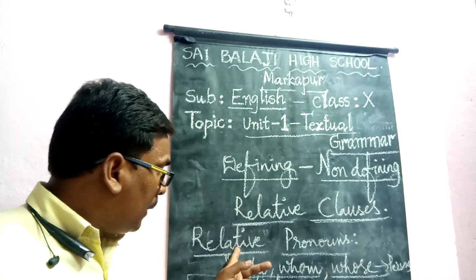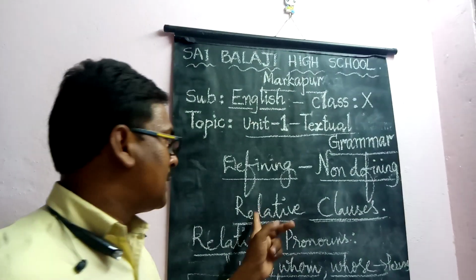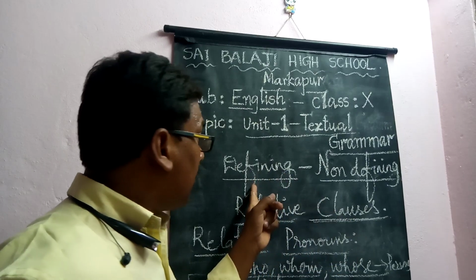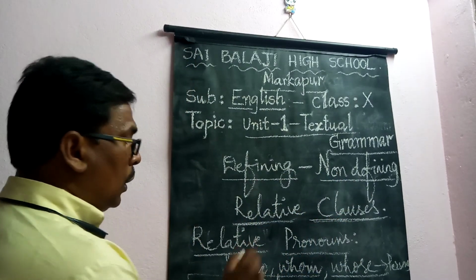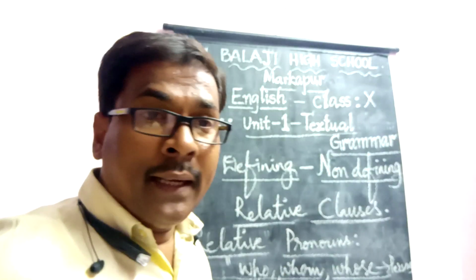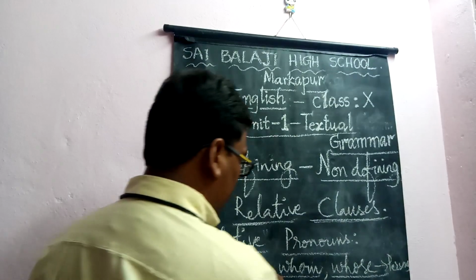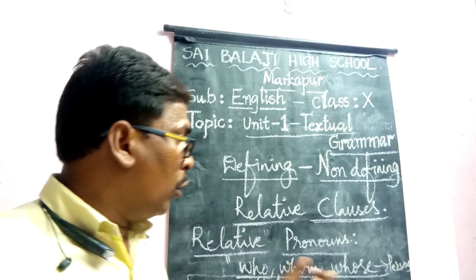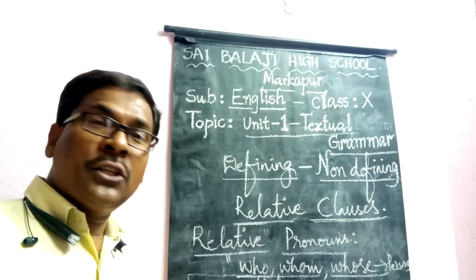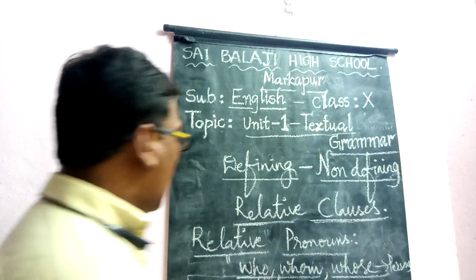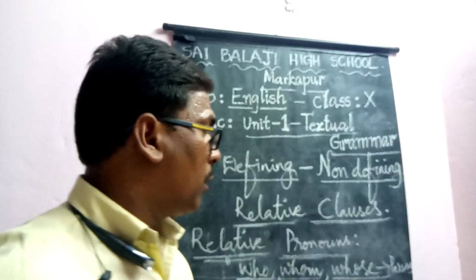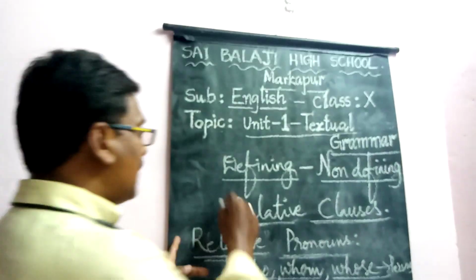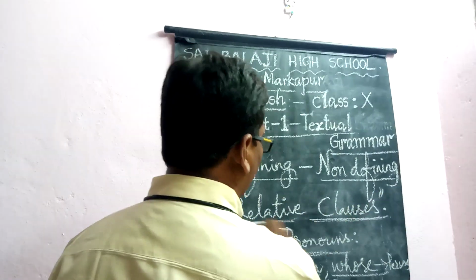So our main topic is a relative clause. What relative clause? Defining and non-defining relative clause. Wherever we find any relative pronoun, whether it is who, whom, whose or which or that, in a clause, that clause is known as a relative clause.